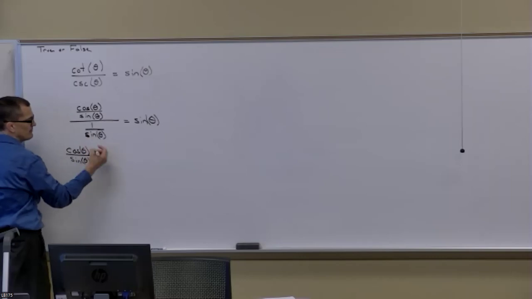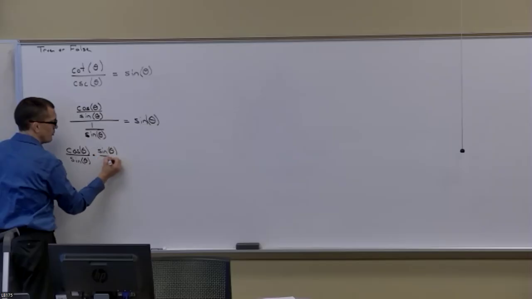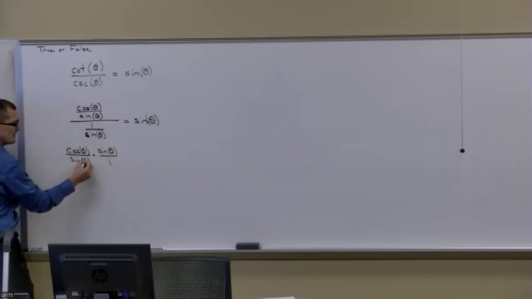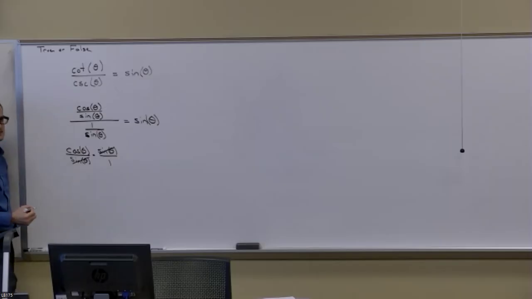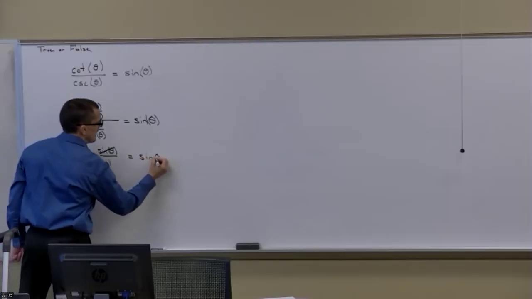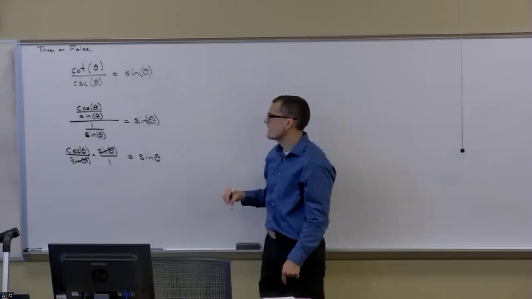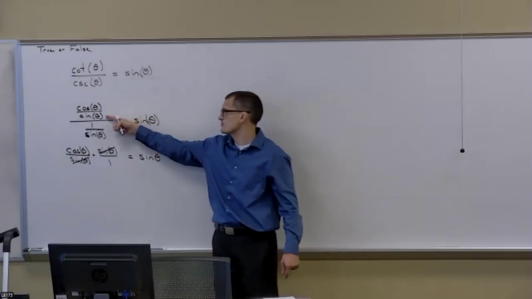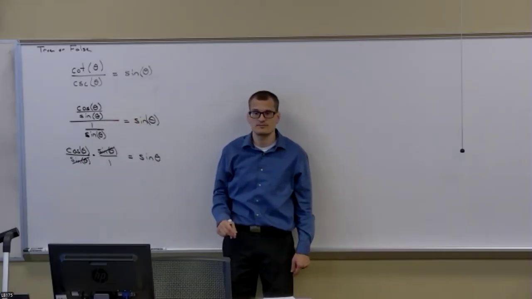So if I multiply by the reciprocal, I'm multiplying by sine of theta over 1. Those sine of thetas are going to cancel each other out. And I'm just going to get cosine over 1. So whenever I divide fractions, those fractions have the same denominators. Those denominators will just cancel each other out.